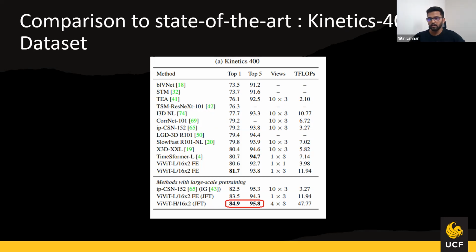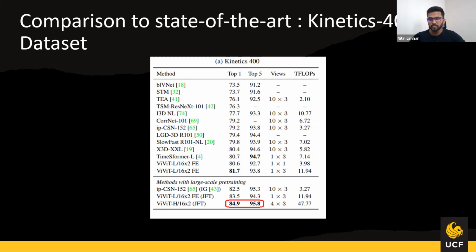As we see from the table, ViViT Large, which has an accuracy of 92.7%, underperforms the best 3D convolutional neural network, which is X3D XS3. You can see here, which has an accuracy of 94.6%.